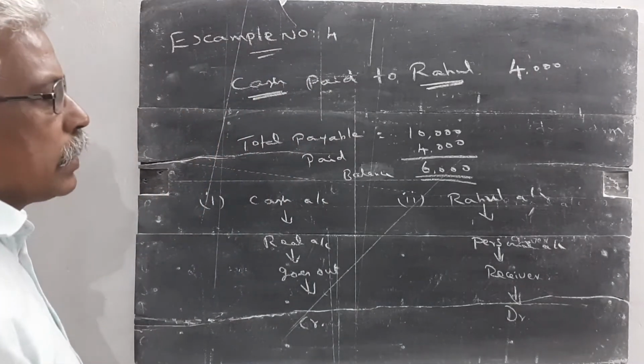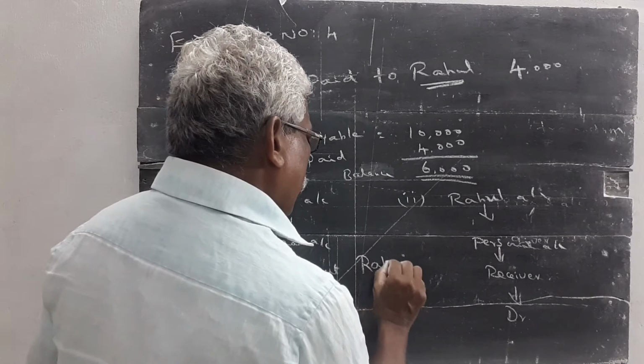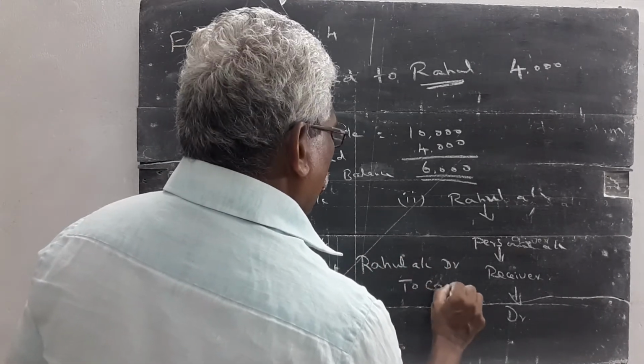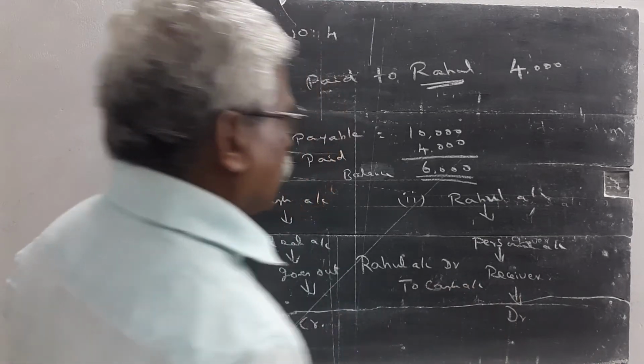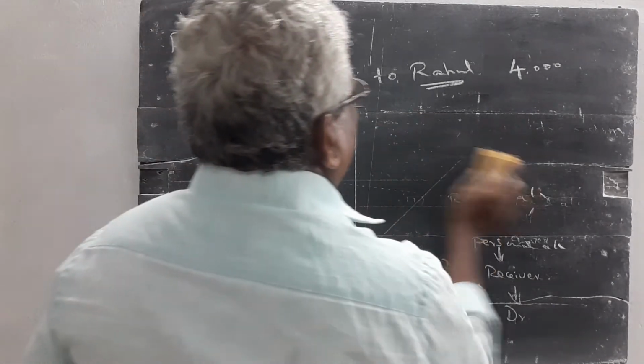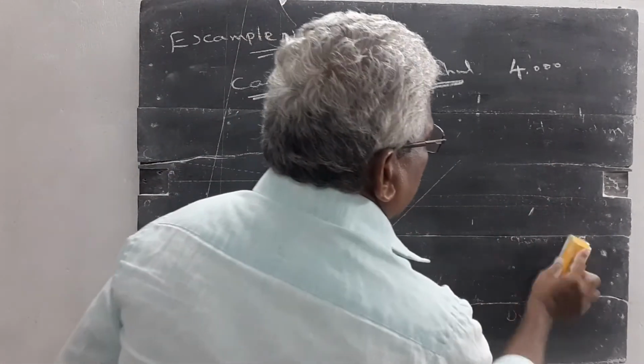Then how do you write the journal entry? First write the debit aspect: Rahul account debtor, to cash account. This is the procedure. Then we write in the journal. The journal consists of 5 columns.